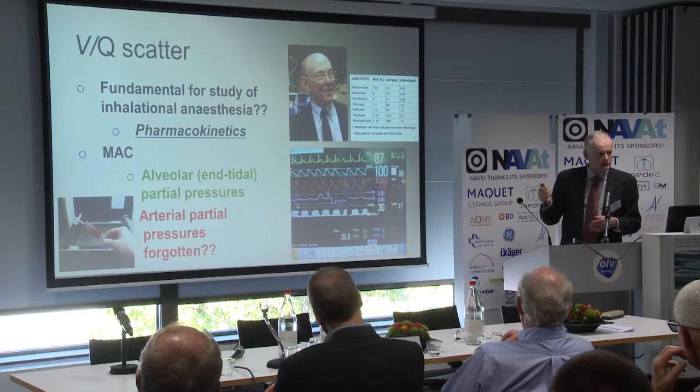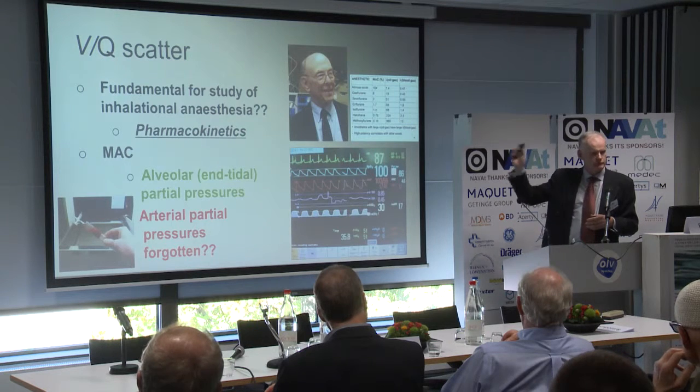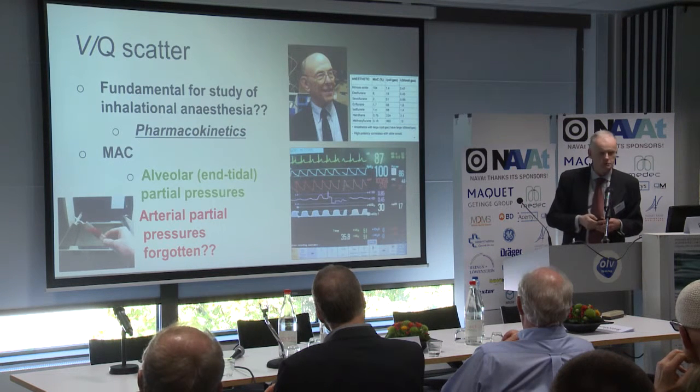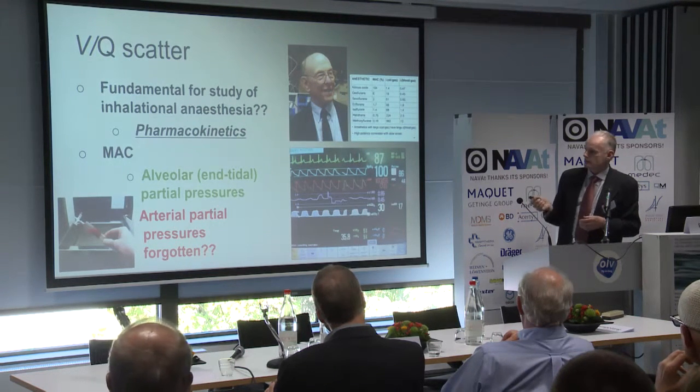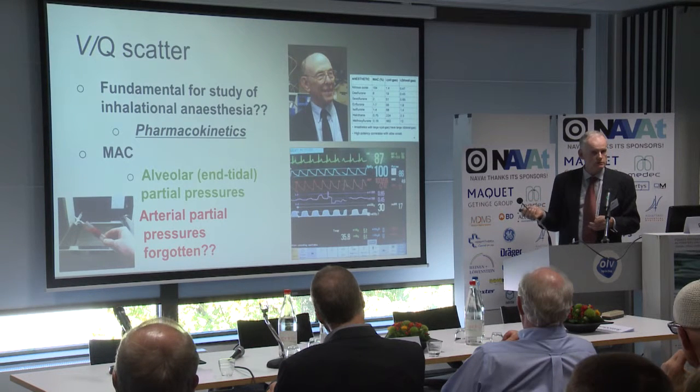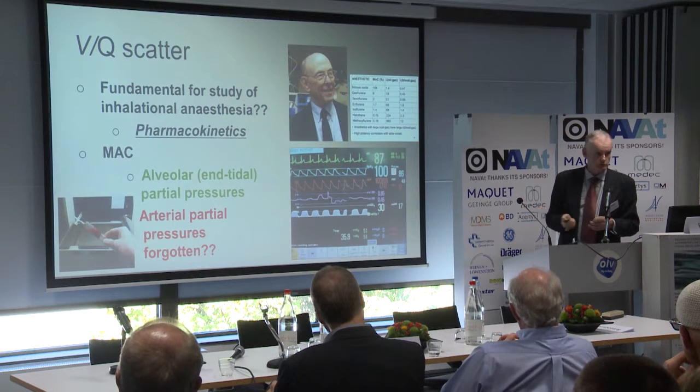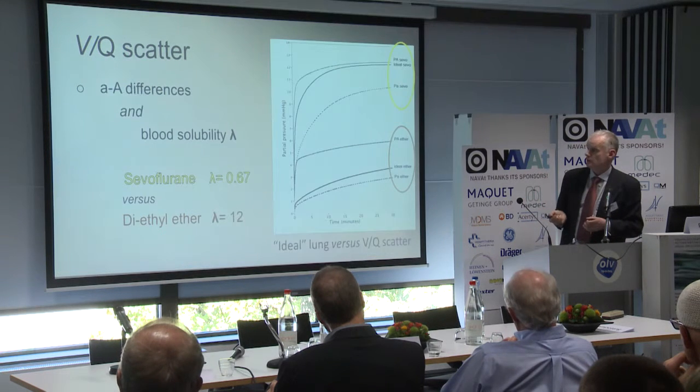That's not meant to be an indictment of Ted Eger and his contribution to the field, which has been fantastic. But I think it's an issue you need to consider if you're doing pharmacokinetic research of any sort on inhalational agents.